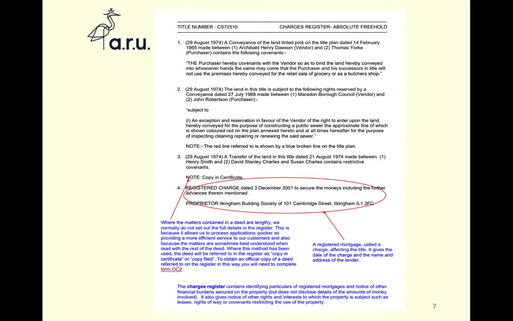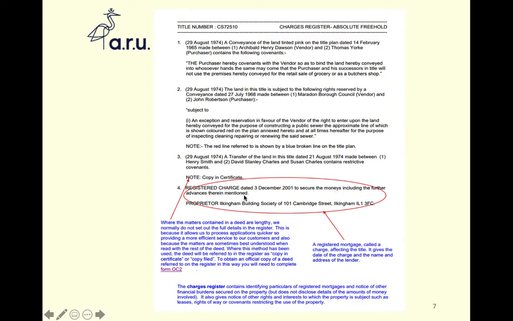So we've already looked at this, and we can see down in the ringed red circle there, registered charge dated 30th December 2001 to secure monies. It won't refer to the amount, but it will refer to the mortgage monies, including the further advances therein mentioned.